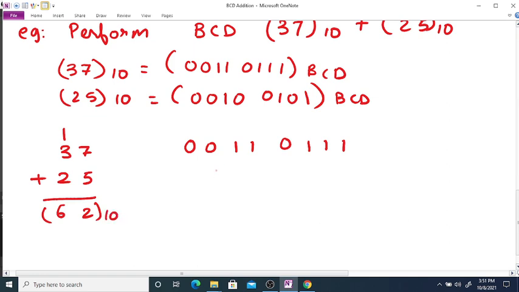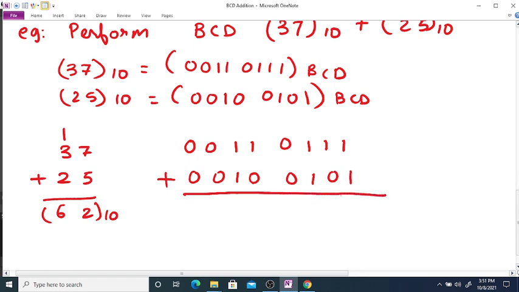So, we will see what we get for BCD. If we add these two BCD numbers, 1 plus 1 will be 0 with carry 1, and so on, and we get 1 0 1 1 0 0 1 0.